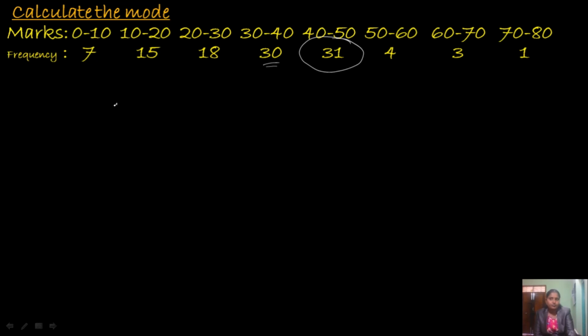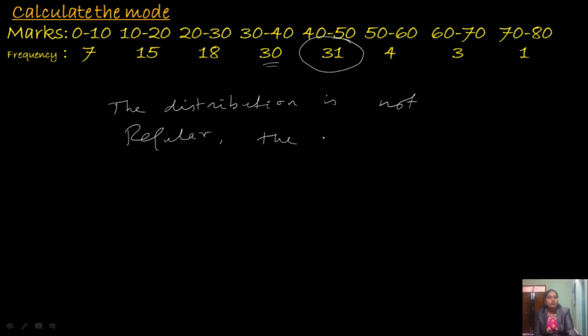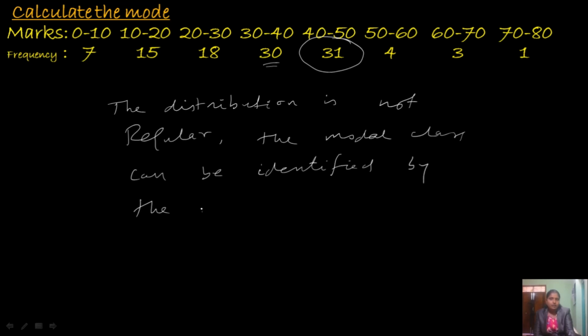So the distribution is not regular. The modal class can be identified by the method of grouping.